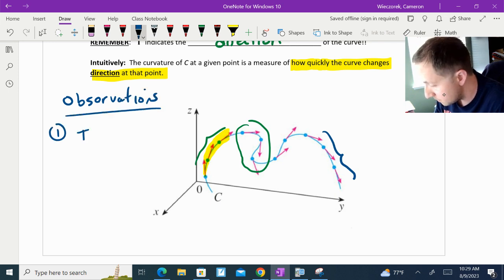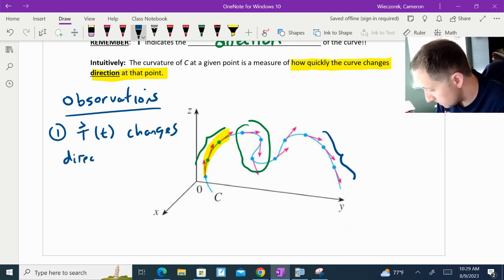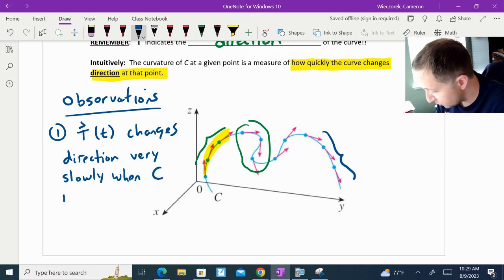Number 1, the unit tangent vector changes direction very slowly when C is fairly straight or fairly linear looking. So that would be like the left-hand side and the right-hand side.